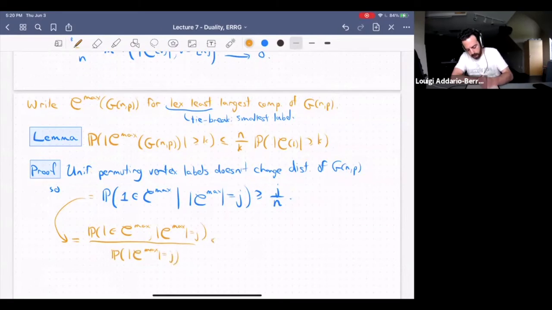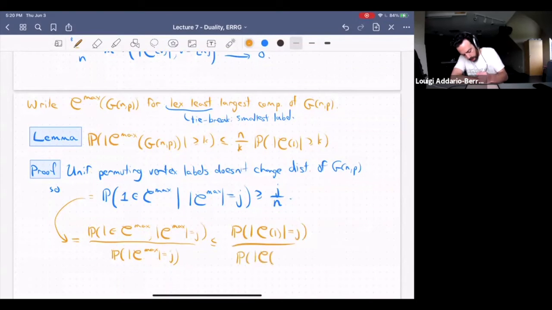For an upper bound on the top, if 1 is in the largest component and the largest component has size j, then in particular the component containing 1 has size j. So an upper bound on the top is the probability that the component containing 1 has size j.